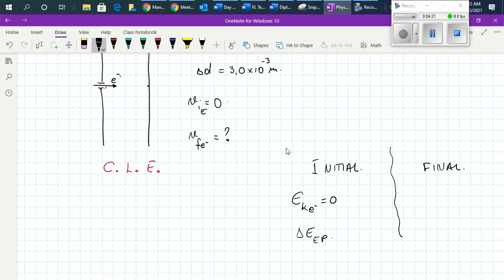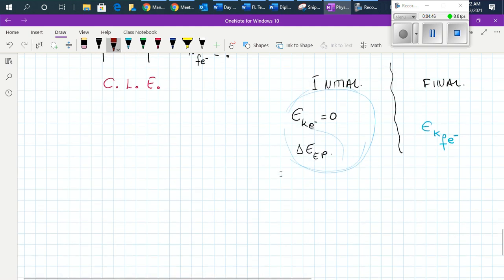As it is moving toward the other plate, some of the energy of the system is transformed into the final kinetic energy of the electron. So the conservation law of energy in this case will be written as kinetic initial plus electric potential of the electron initial is equal to kinetic final.